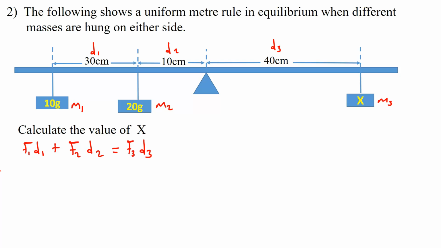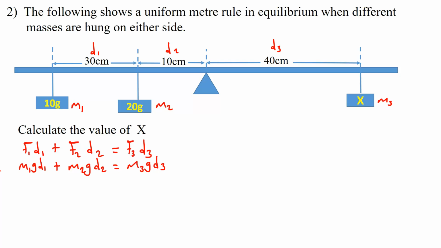Now where we have the F1, since F is just a form of weight, where there's F we can replace it with M1 and then the acceleration due to gravity, g, and then multiply by d1, plus, while there's F2, we can replace with m2 g and then d2, and then equal to, while there's F3, we can replace with m3 g and then d3.